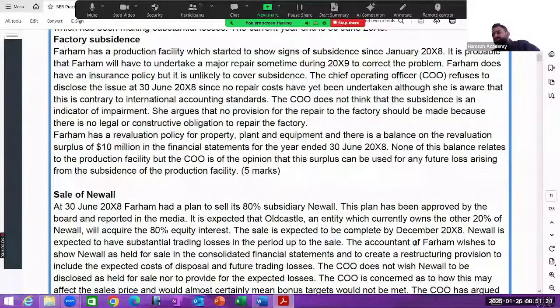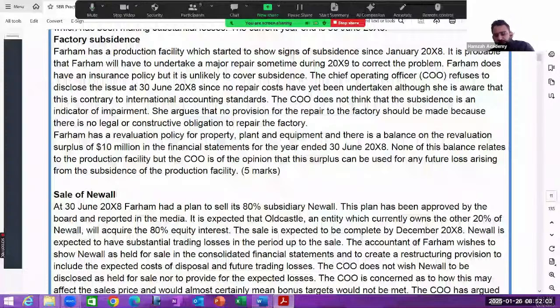So a factory subsidence is a worst indicator. If I am telling you that it is an indication of damage to an asset or a building relating to land issues, it is a worst indicator. So keep in mind, along with IAS 37 and IFRS 5, there might be an IAS 36 impairment discussion as well. We haven't revised IAS 36, but we have a little bit of idea from F7 about IAS 36.